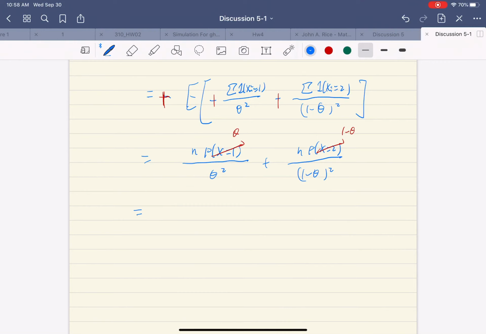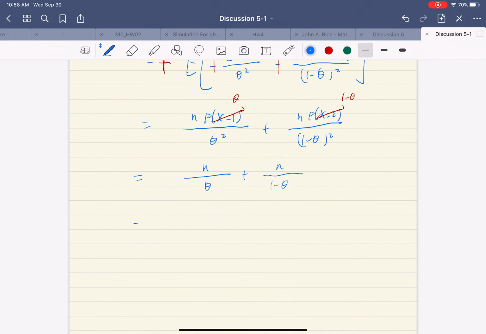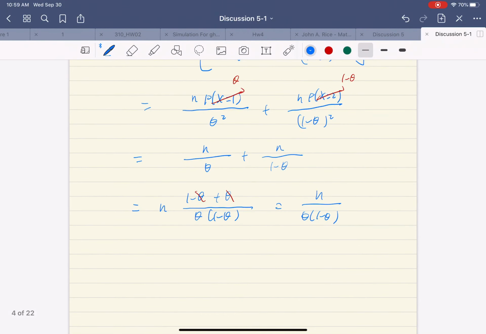Then we can get n over theta plus n over 1 minus theta. We do some algebra, and this becomes n times 1 minus theta plus theta over theta times 1 minus theta, cancel these two, so we get n divided by theta times 1 minus theta. And we want to find the inverse of this one.